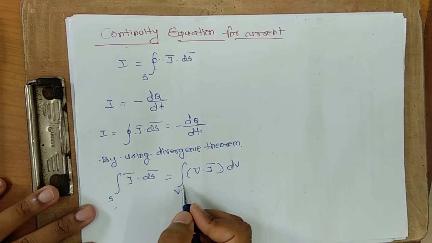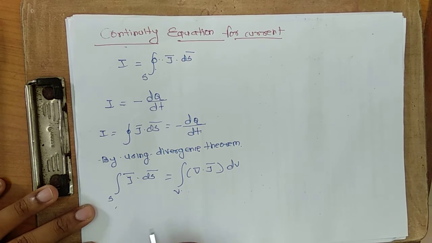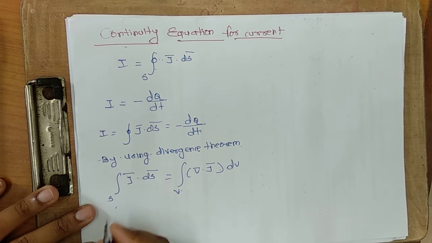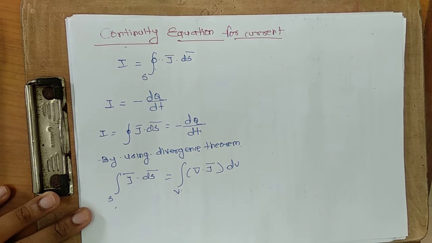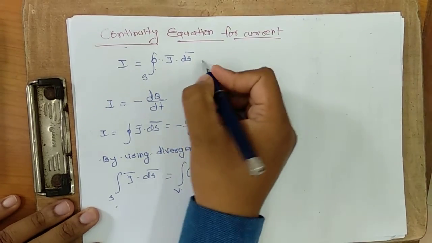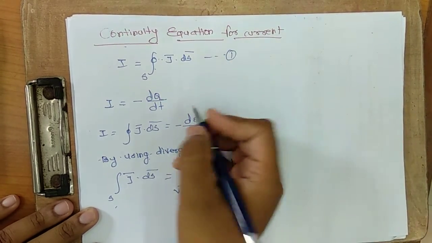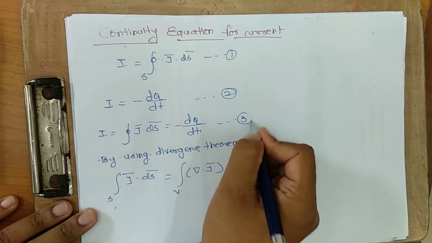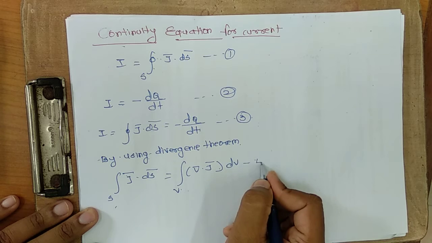This is the divergence theorem, already covered. So this is the conversion. Now give these equations numbers: this is equation number 1, 2, 3, and 4.